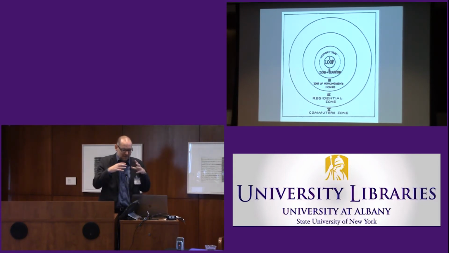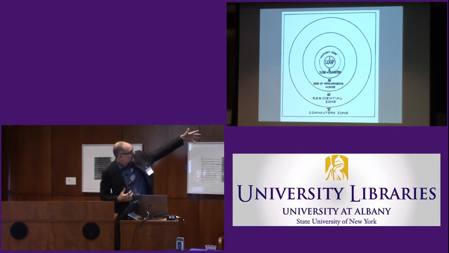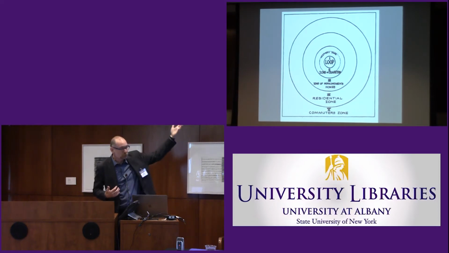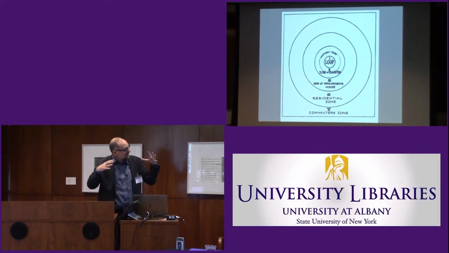His idea was that cities are clustered around a downtown, a loop. He was in Chicago. And around that cluster is an area that's in transition, where the industrial and commercial centers are always pushing out, through just a process of growth.